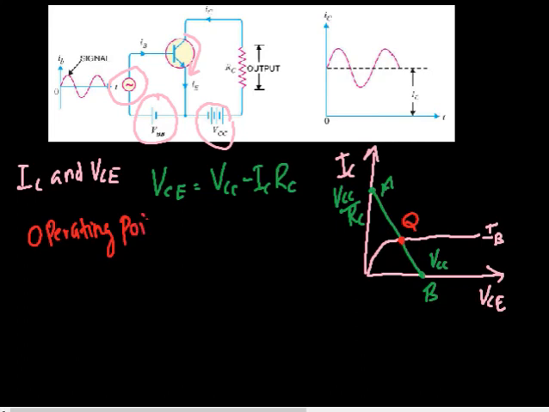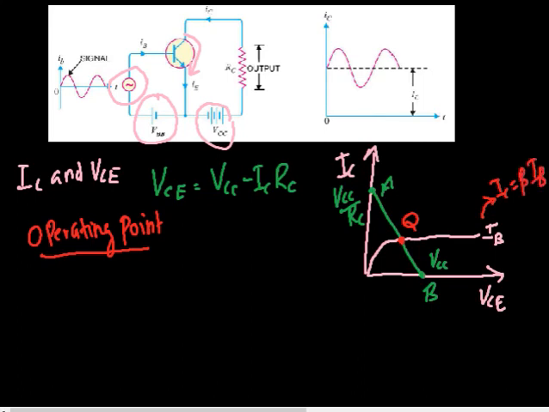So the operating point is obtained by the intersection of both the DC load line and output characteristics. In the output characteristics, we can have the relation IC is equal to beta IB.